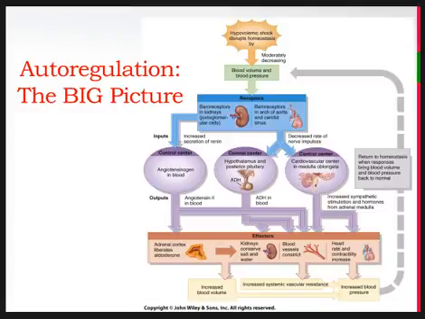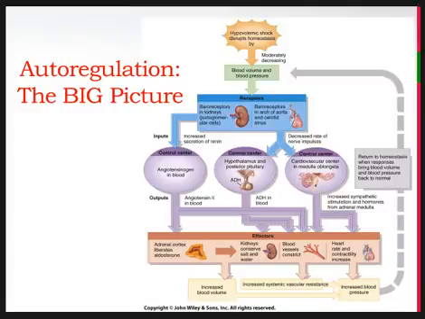Increased resistance means increased blood pressure. The other thing those catecholamines do, that epi and norepi, is increase heart rate, so that heart's going to beat faster. We're also going to see an increase in force of contractility. Those muscle fibers are going to contract more forcefully. If we increase the heart rate and the force of contractility, we're going to increase the cardiac output and the stroke volume, and if we do that, we're going to see an increased blood pressure.